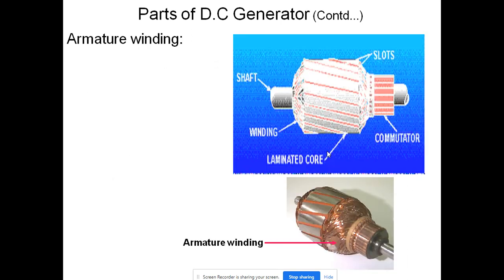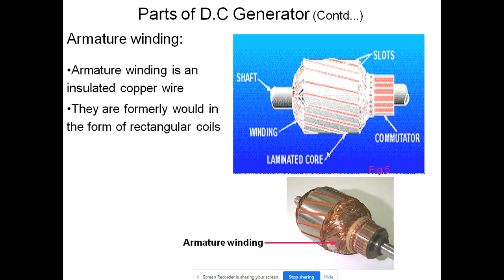The next one is the armature winding. This armature winding is made of copper wire. They are formally wound in the form of rectangular coils, and they are placed in the slots of the armature.